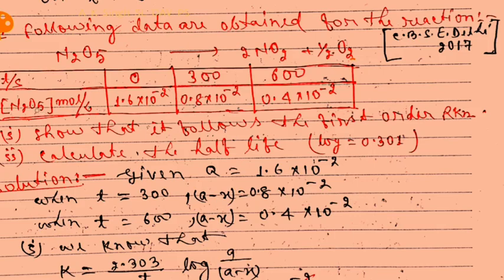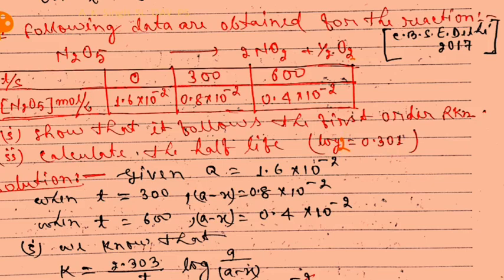Concentration of N2O5 is 1.6 into 10 to the power minus 2, then 0.8 into 10 to the power minus 2, and 0.4 into 10 to the power minus 2. First, show that it follows first order reaction. Second, calculate the half-life. Log 2 is given here.